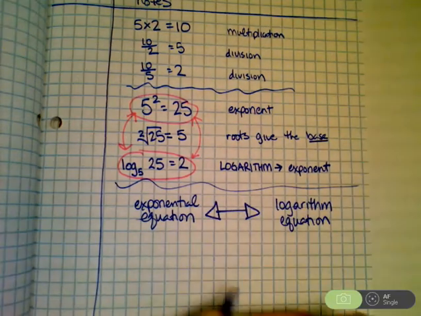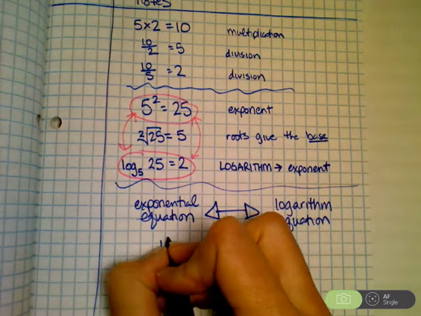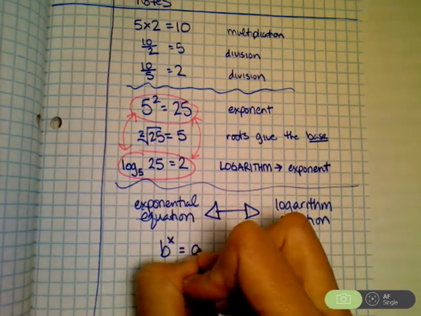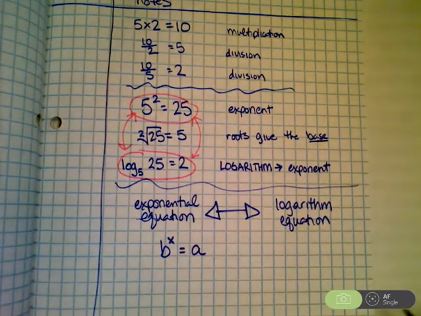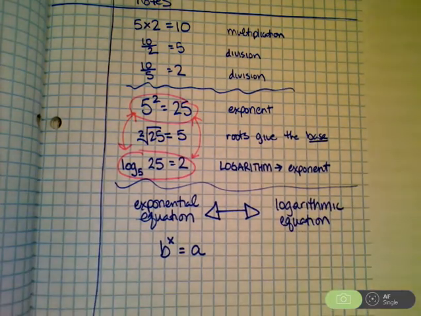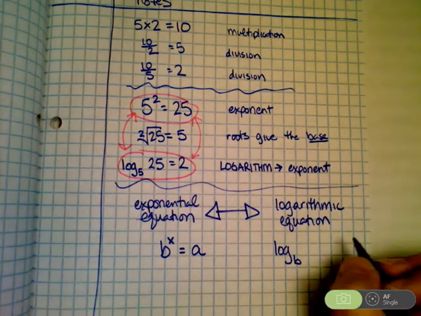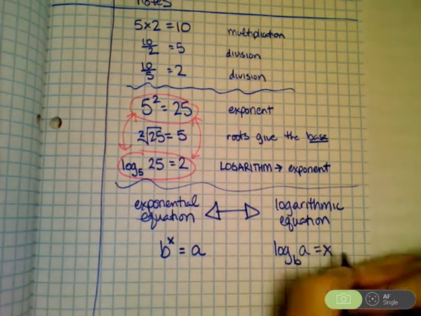And today is going to be all about converting back and forth between those. So the exponential equation is b to the power of x equals a. And the corresponding logarithmic equation is log base b of a equals x.